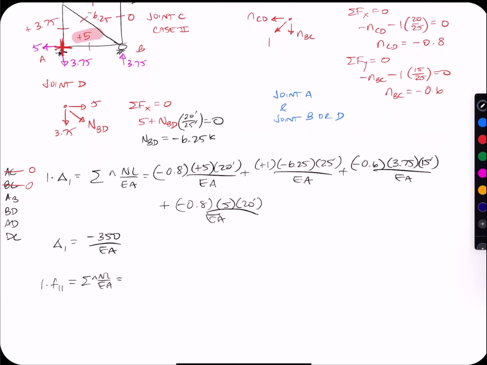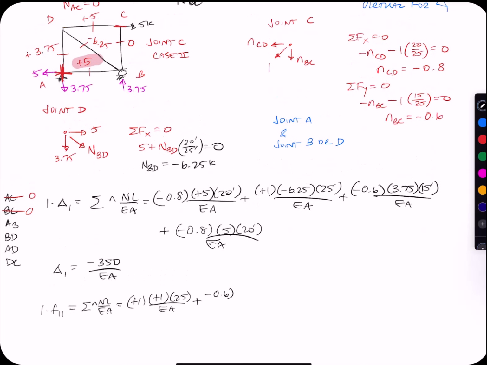So I'll start with AC: +1 times +1 times 25 over EA, plus BC is -0.6 times 15 over EA.